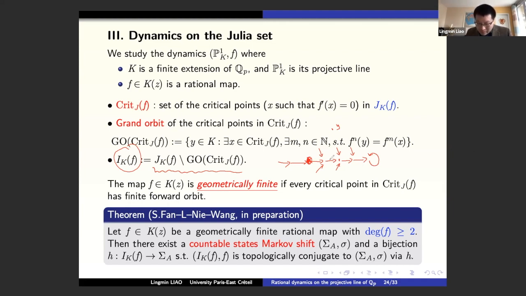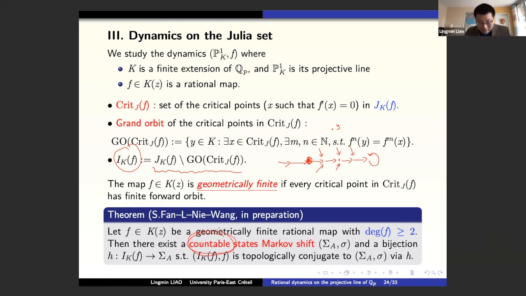From some point we'll go back to this orbit. So only finite forward orbit, and then for this family of transformation, we can describe. But I need to use infinitely many symbols.